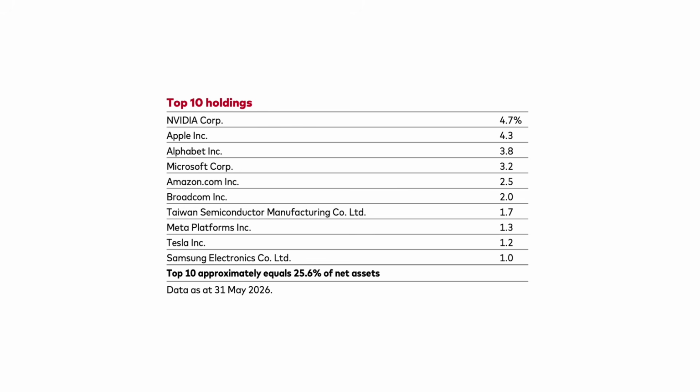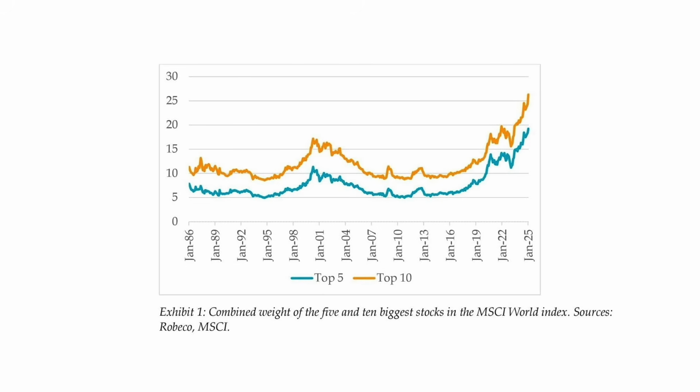The same pattern appears at company level. Although VWRP owns nearly 4,000 companies, around a quarter of the fund is invested in just 10 of them. In fact, concentration in the very largest companies has increased significantly in recent years. And history reminds us that the names at the top do not stay there forever.